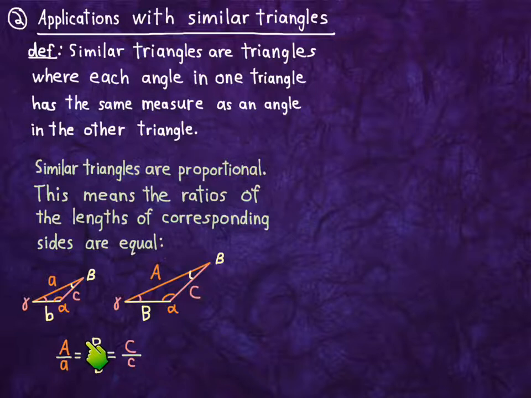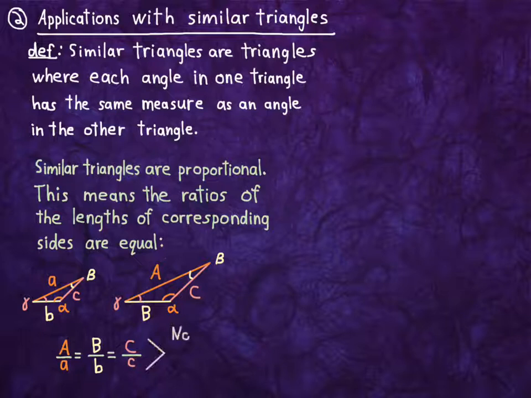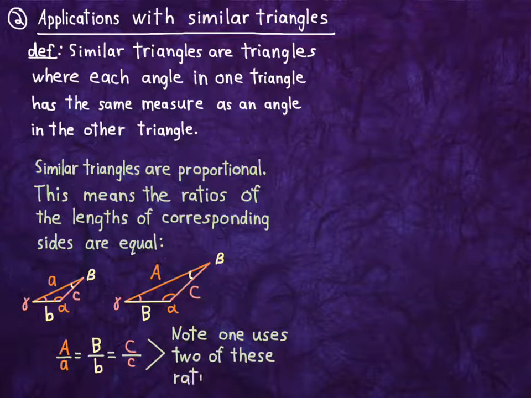So there's three different equations. And you just need four sides that correspond to make these ratios and make it into a proportion. So I just wrote that down so you have it in your notes.